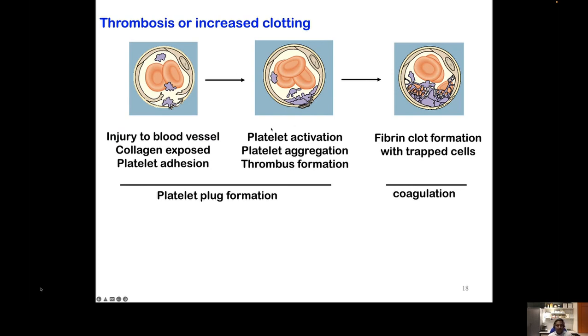So what's happening here? Again, as you know, there are two different types of blood vessels in our body. One type is called arteries. The other type is called veins. So we do have a venous circulation and arterial circulation. Arteries will carry oxygenated blood from the heart to all the tissues.